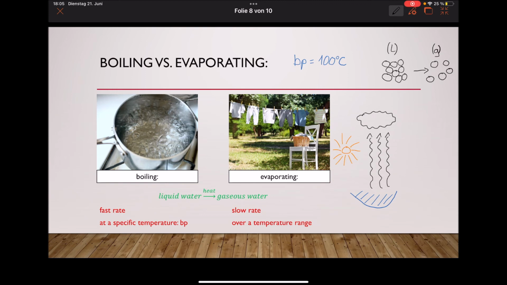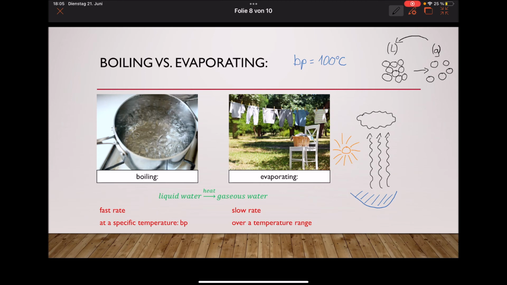So turning a liquid into a gas will require energy. Boiling and evaporating requires energy. That's why we need the sun. That's why we need the stove to provide heat energy, to provide thermic energy. But that also means that the process of condensation, so turning a gas back into a liquid, will release heat energy.